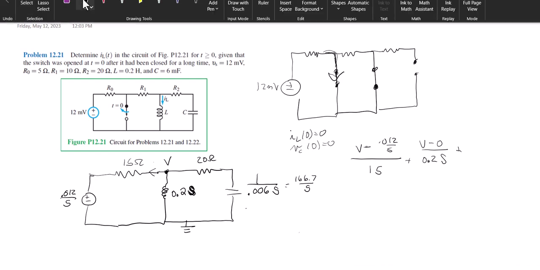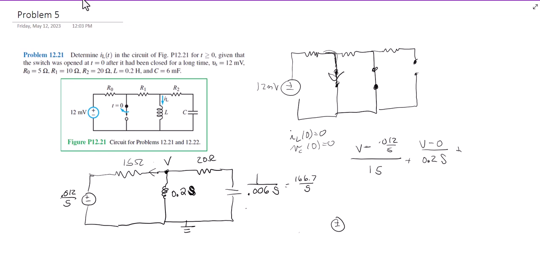So if I wanted to, I could actually redraw this circuit like this.